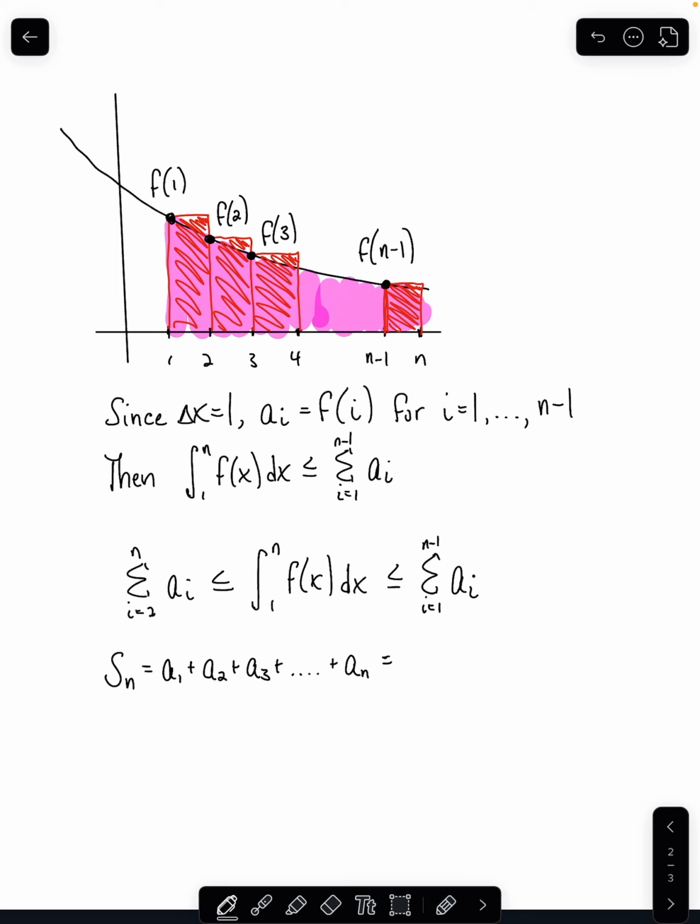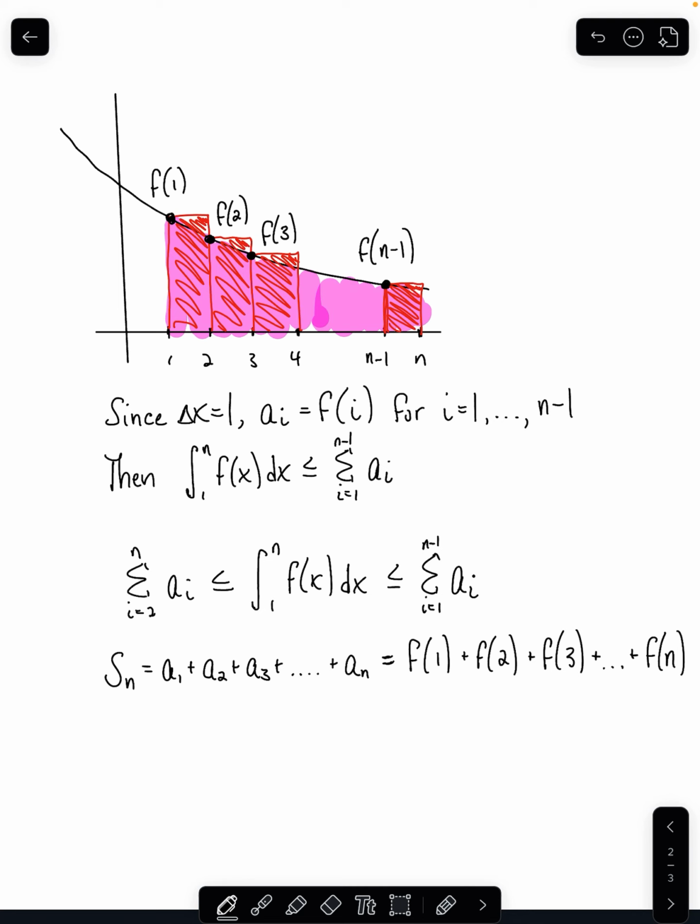But as we see in the graphs, a sub i is equal to f of i. So a sub 1 is the same as f of 1, a sub 2 is the same as f of 2, a sub 3 is the same as f of 3, all the way up to a sub n, which is the same as f of n.